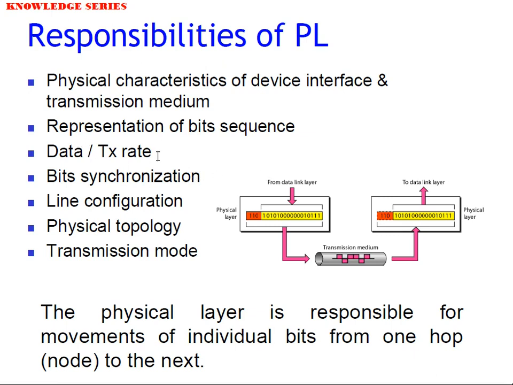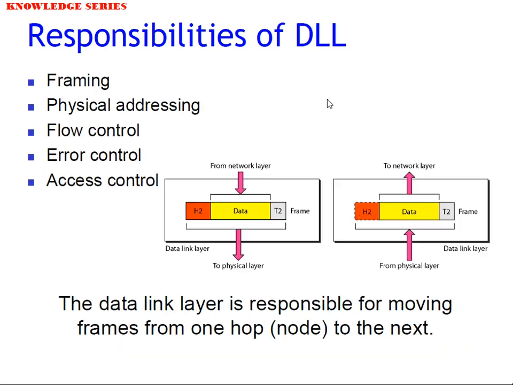When we talk about data rate, it talks about the number of bits in each second. And bit sequence is about the encoding methods, like RZ and NRZ, which are the types of encoding that we follow. And the characteristics are whether you are transmitting in the transmission media in a wired or wireless format. So that is what we see in the case of the physical layer.